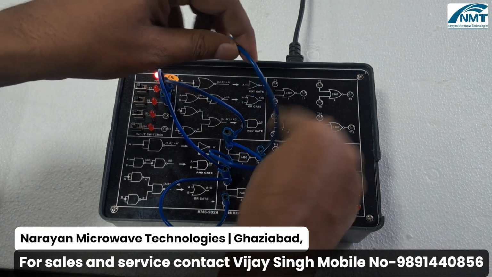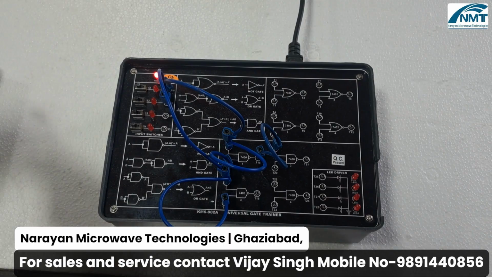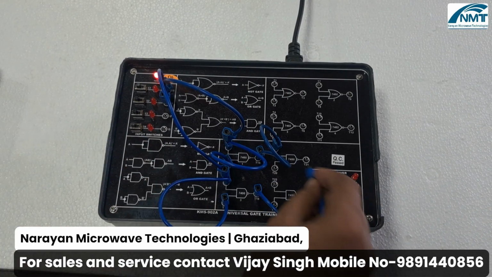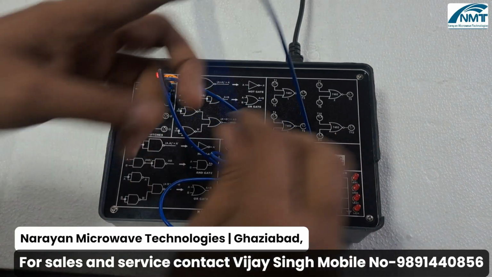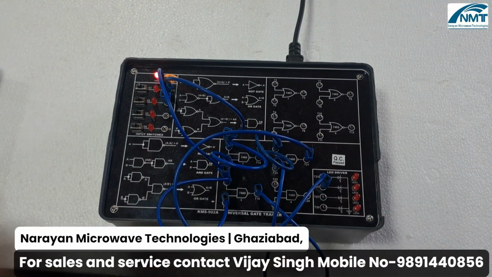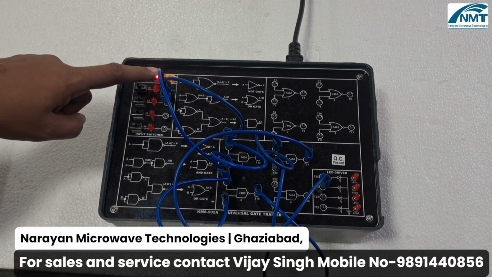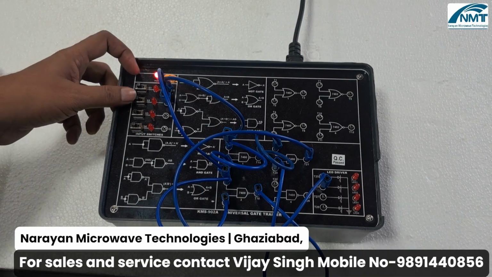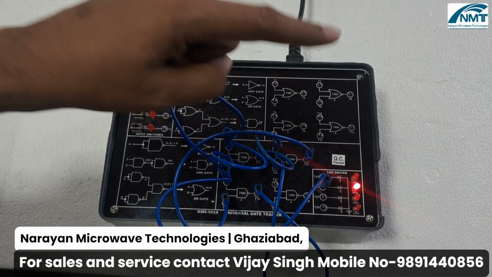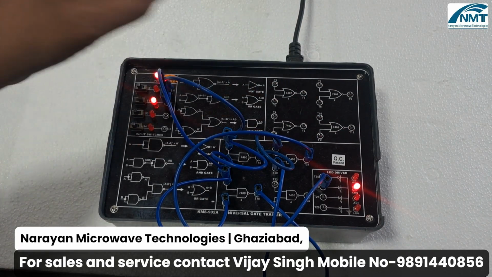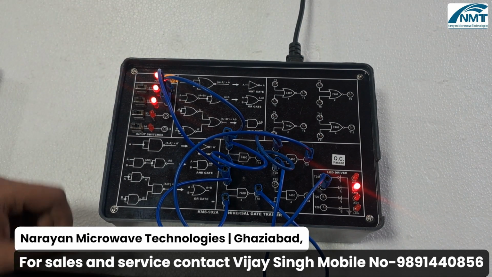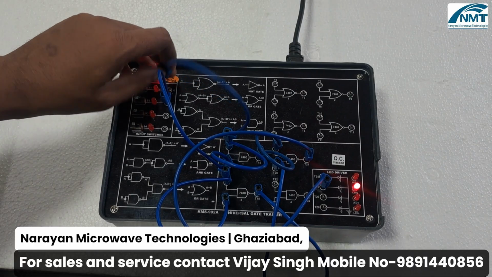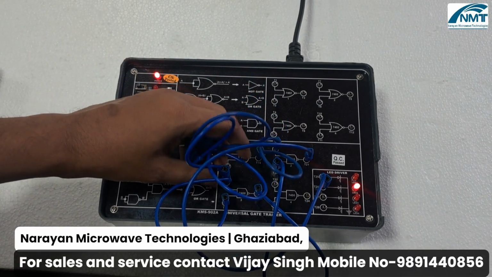The outputs of both NAND gates will be given to the inputs of the third NAND gate, and the output of the third NAND gate will be given to the LED driver. Here your circuit will work as an OR gate. If inputs are 0 0, output is 0. If inputs are 0 1, output is 1. For 1 0, output is 1. For 1 1, output is 1. So this function is for the OR gate.